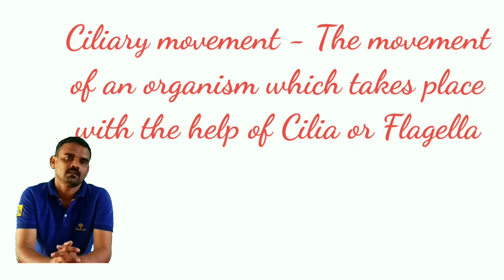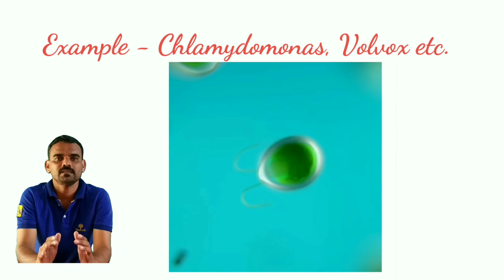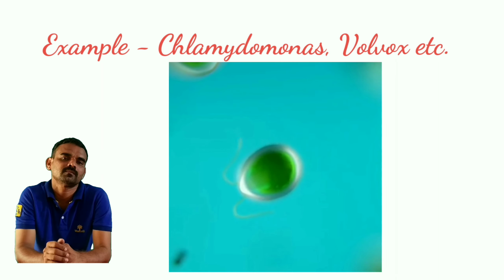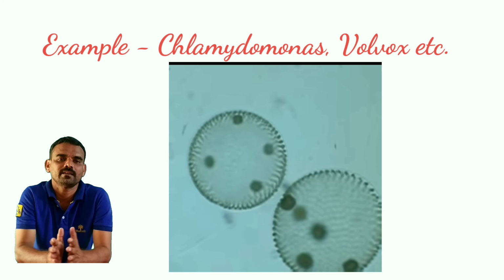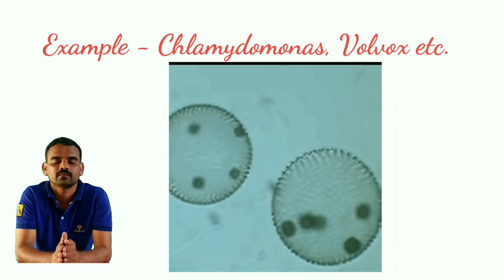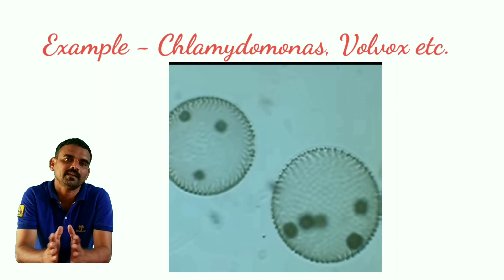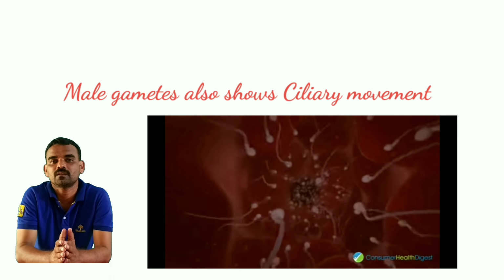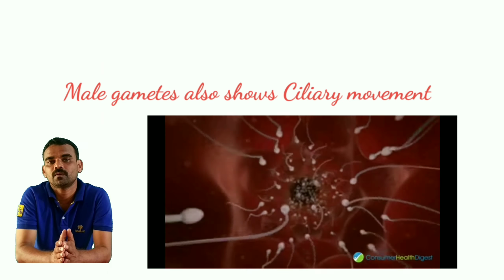The best examples are Chlamydomonas and Volvox. These algae show movement with the help of cilia or flagella. Generally, male gametes are also an example of such ciliary movement.